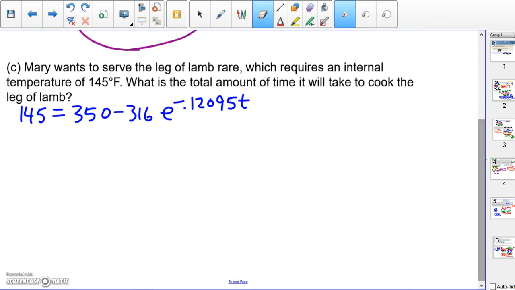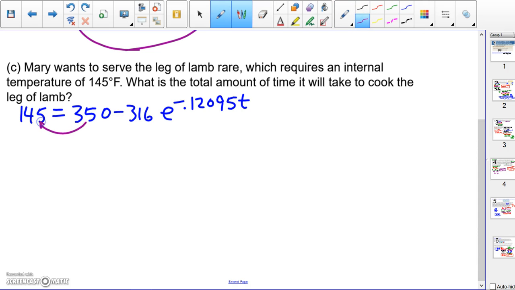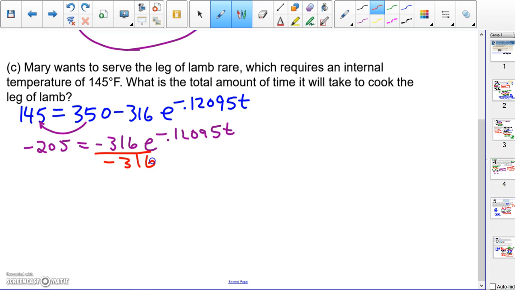So solve the same way we have for a while. We're doing the exact same stuff. Subtract that 350 over, so 145 minus 350 is negative 205. We're going to need to divide by negative 316.